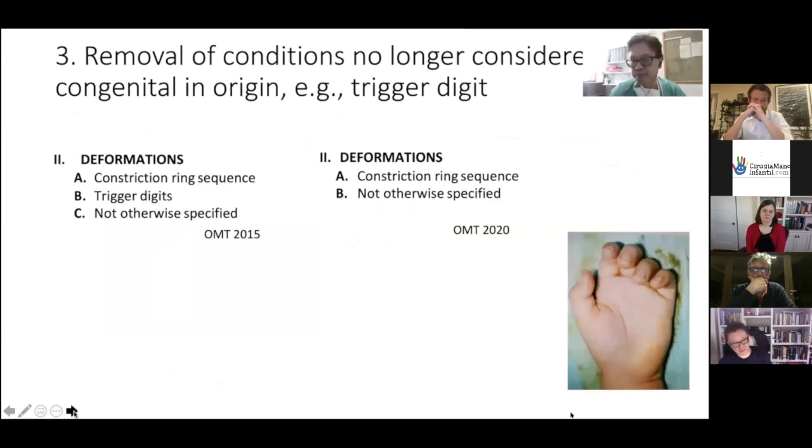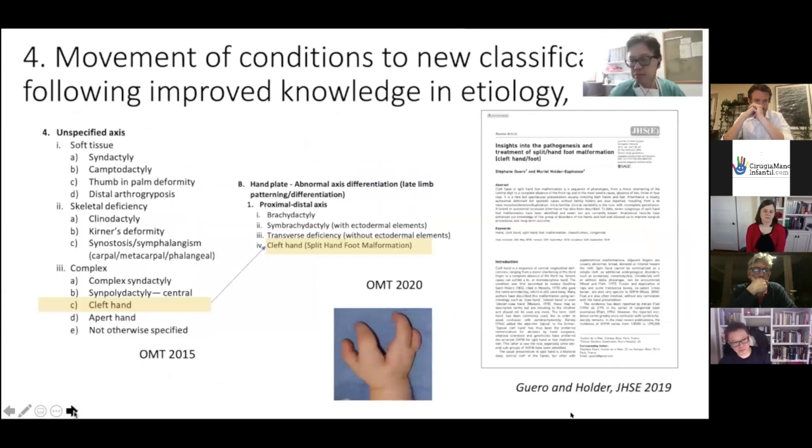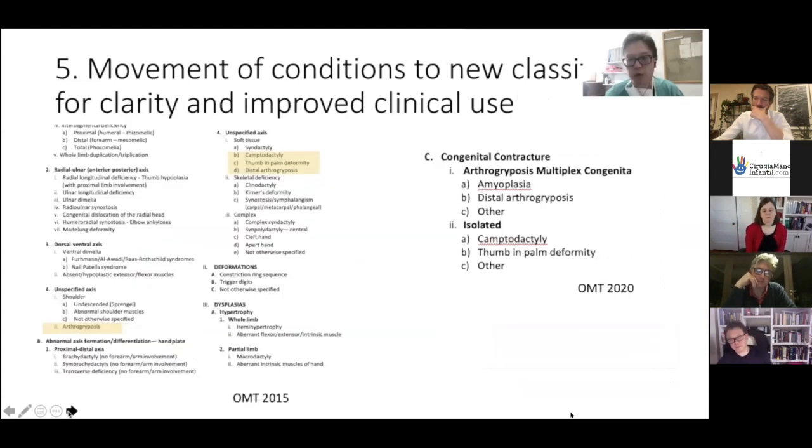In deformations, trigger digits have been definitively removed, as it is no longer considered a congenital condition. Several conditions have been moved in light of recent discoveries about their etiology. It is now undisputed that the cleft hand is a defect in the AER, so it was moved from the unspecified axis to the proximal distal axis. Another example is arthrogryposis. This has now been moved to a new category in dysplasias, together with distal arthrogryposis, camptodactyly, and thumb in palm deformity.